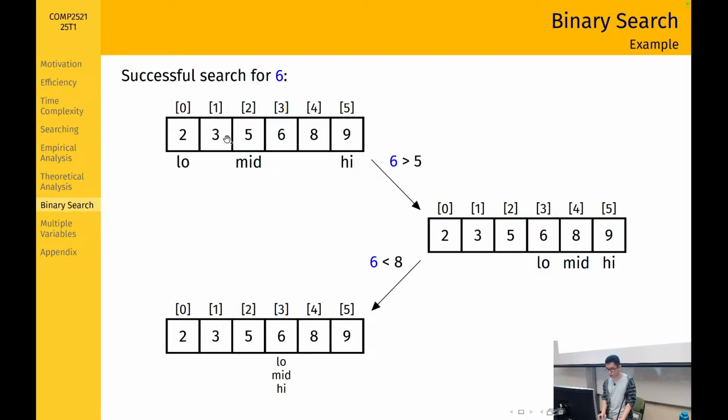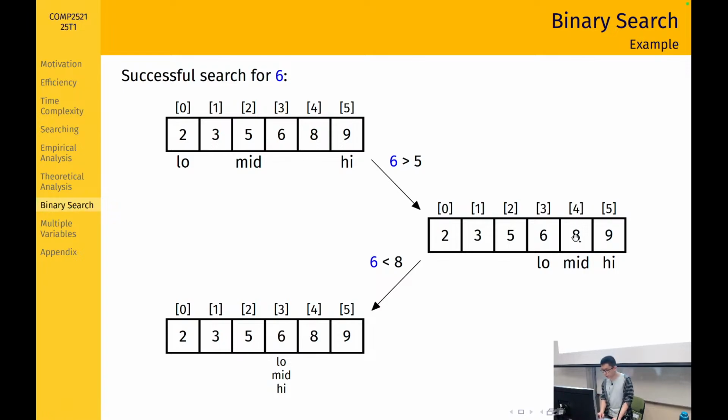So we set low here to be equal to 3, so that now we're searching this right part of the array. Okay, what do we do next? So again, we calculate the midpoint, which is now going to be 3 plus 5 divided by 2, right? That's going to be 4.